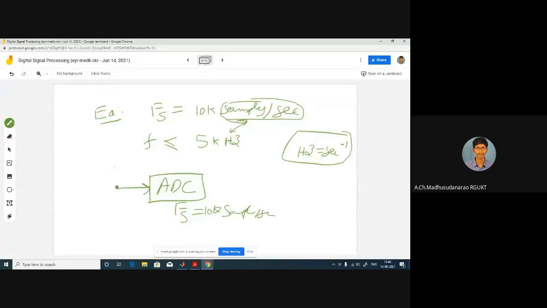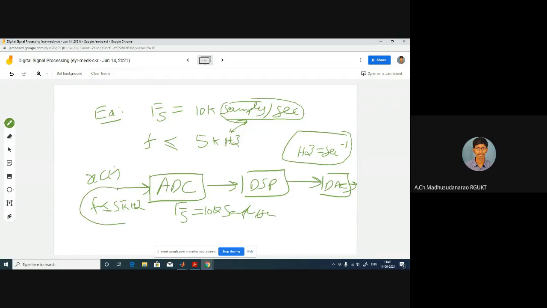Now the maximum allowed input frequency is 5 kilohertz, F less than or equal to 5 kilohertz. Now can I process an audio signal with the help of this? Is it possible or not? I have this limitation. Can I process my entire audio signal?